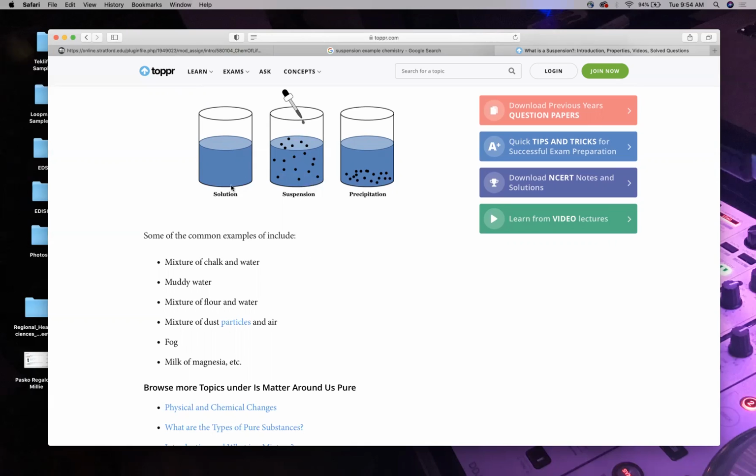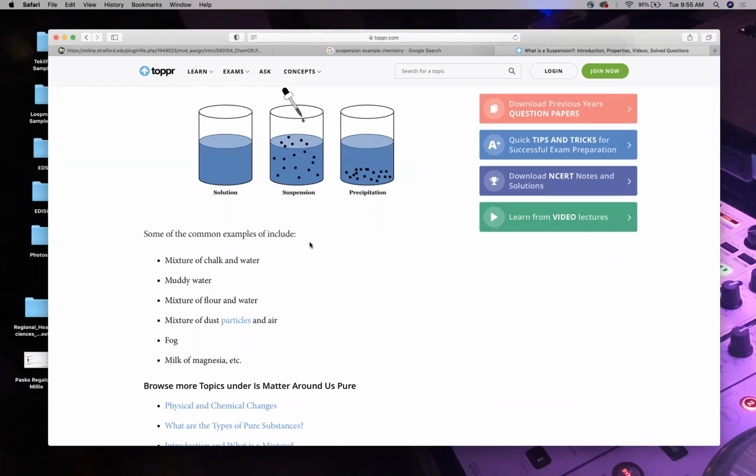So for a solution, think homogeneous. For suspension and colloid, think heterogeneous, all floating around. A suspension, if you leave it alone, will cause a precipitate, but a colloid will stay in suspension, all floating around like that. I think that's a better way to look at it.